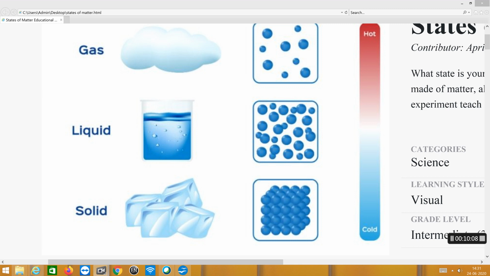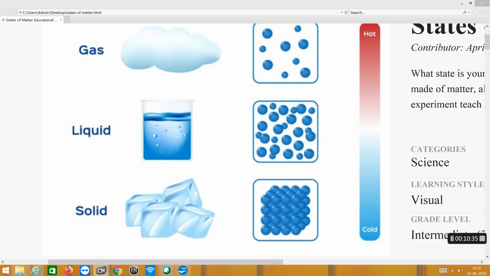That means if heat is given to ice, we know that ice melts to form water. And if we heat water, the water changes into steam. That means when a solid is heated, it changes to liquid. When a liquid is heated, it changes to gas.